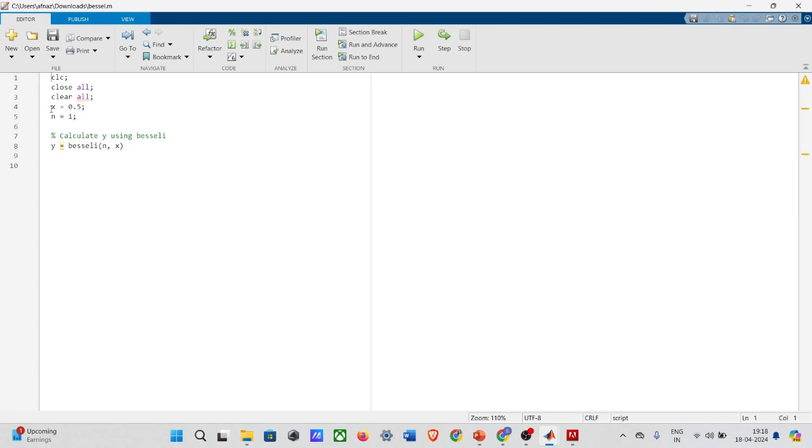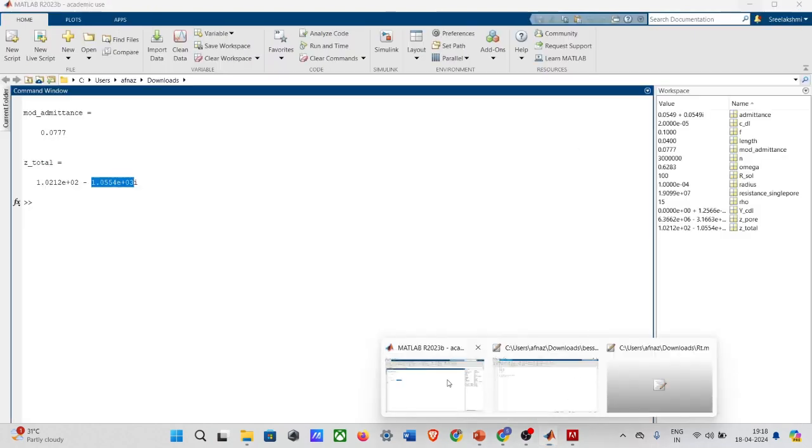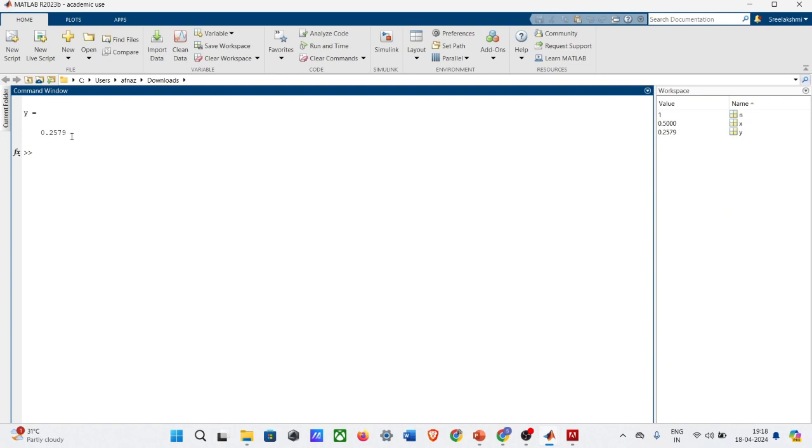The x value is given, n value is given. In MATLAB, the code for finding the Bessel function is y equal to besseli(n, x). The n value is given as 1 in the question and x equal to 0.5. So you have to find the first coefficient. When I run that, I am getting 0.2579.